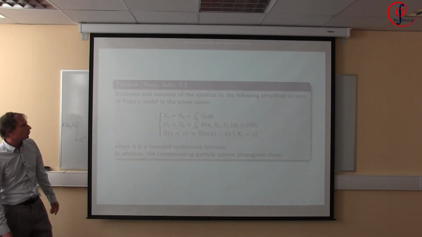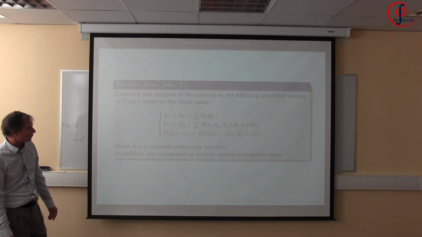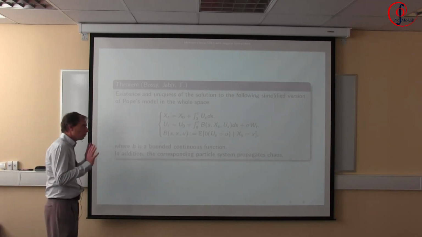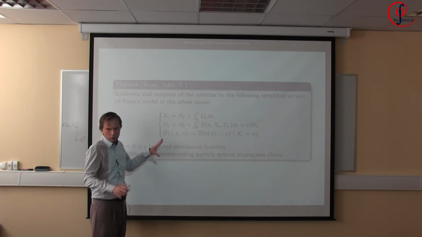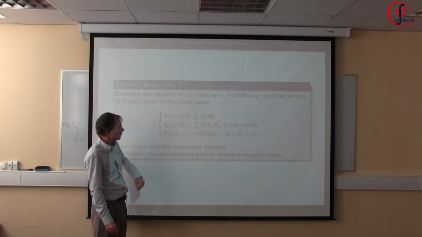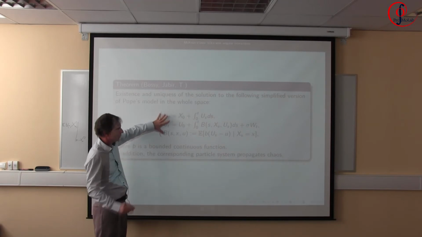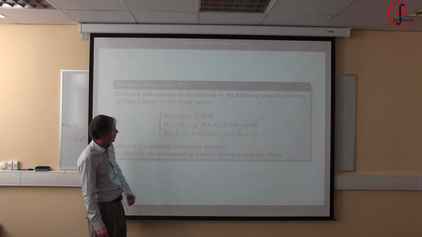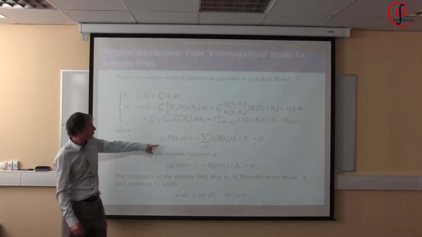Okay, so I have no time to develop all the aspects of this very complex story. Just to give you an idea of the difficulties, let's simplify the preceding dynamics a lot. Look at this simplified dynamics. I get rid of the Poisson equation.